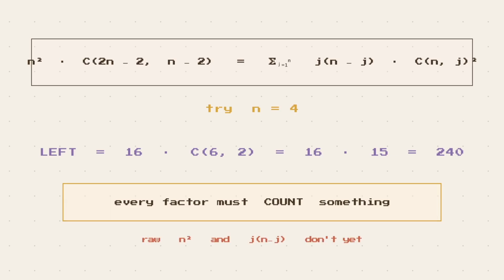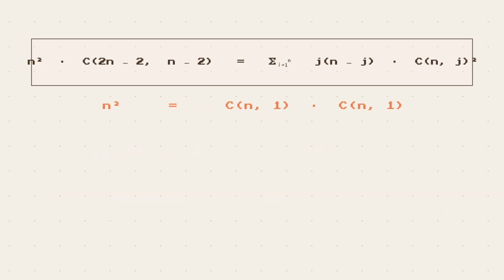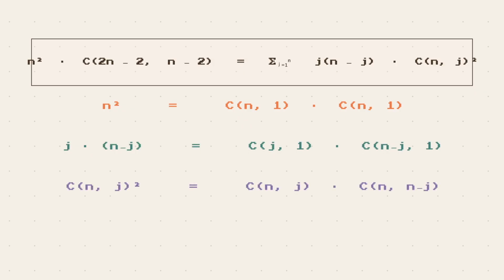Okay, so n squared and j times n minus j, they don't count anything yet. We rewrite them using binomials. So watch this. n squared becomes C(n, 1) times itself, right? j times n minus j becomes two C(n, 1)s. Now every factor counts.